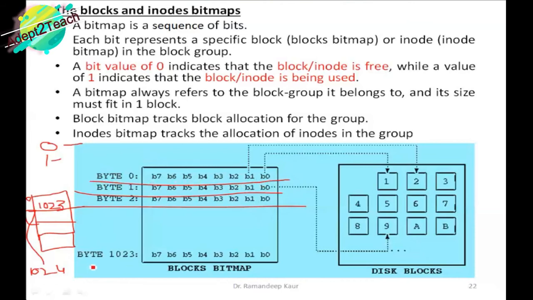So in every group, how is the bitmap stored? Let's say B0 represents block number 0, B1 block 1, B2 block 2, and so on. Now block 1 is referencing location number 1 of your actual disk block. This information is stored at your kernel level. This information of what is mapping to which location is stored at your kernel level.